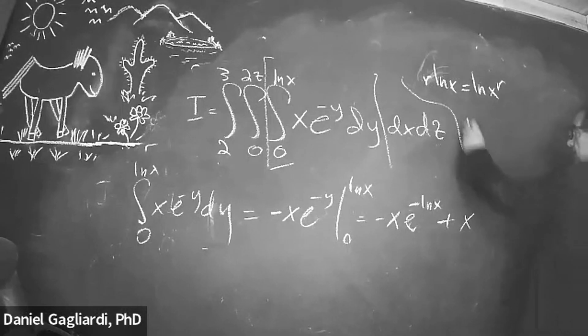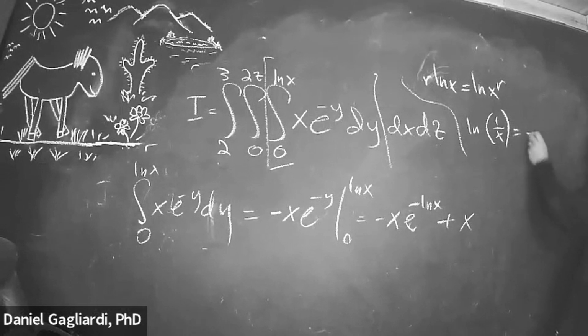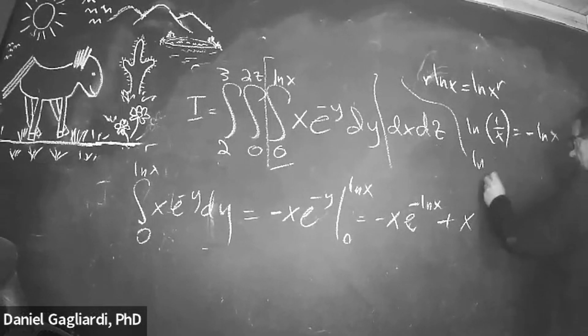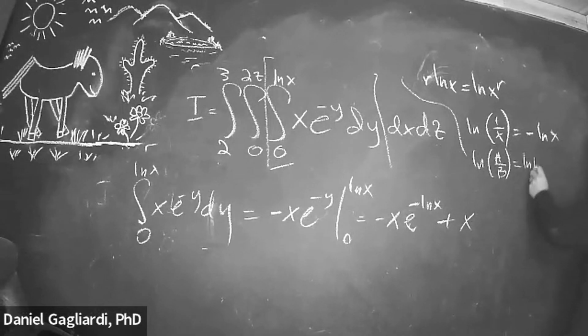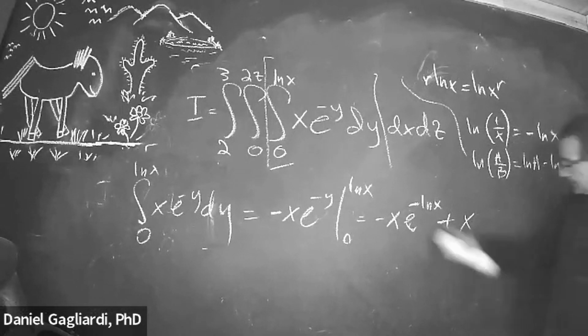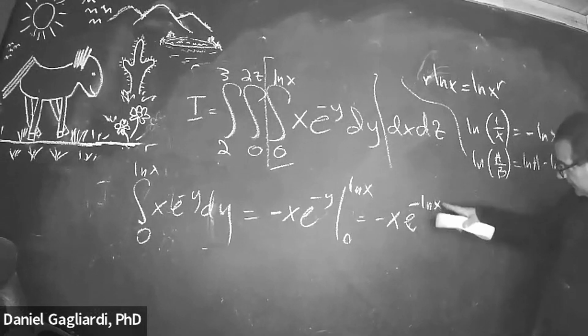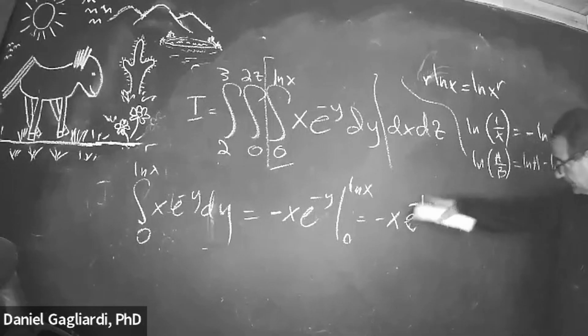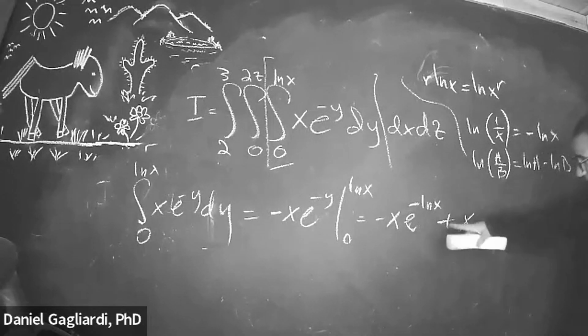If we have the natural log of 1 over x, that's equal to negative the natural log of x. That's because ln of a over b is equal to ln of a minus ln of b. So, take your pick, whether we have the negative or we put that as x to the -1. Let's just do that. So the negative comes in and we have x to the -1.